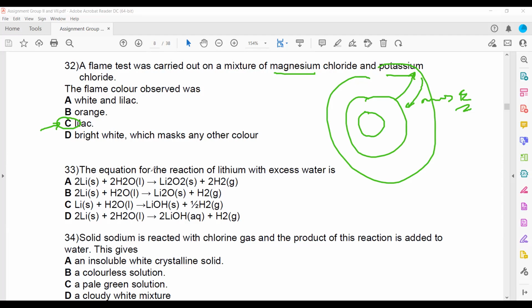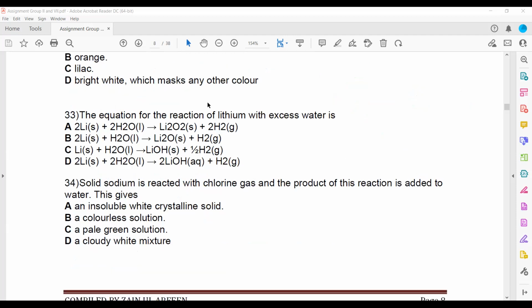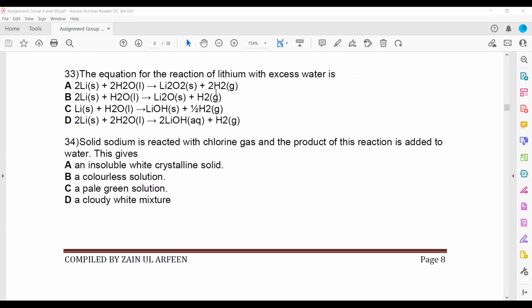In question 33, the equation for the reaction of lithium with excess water is: when lithium reacts with water, it will form aqueous lithium hydroxide, plus hydrogen gas will be released. Why do we call them alkali metals?